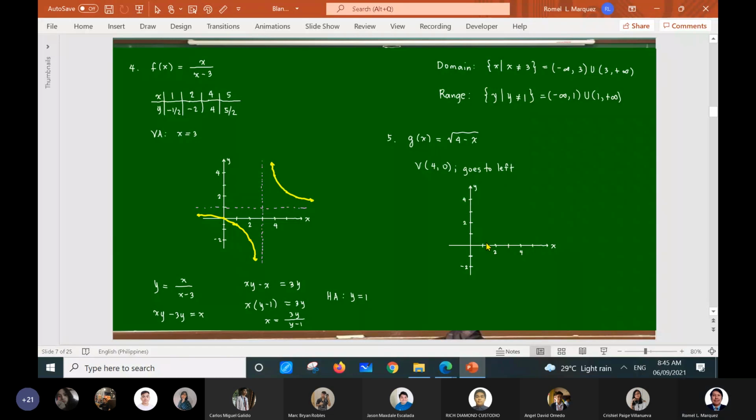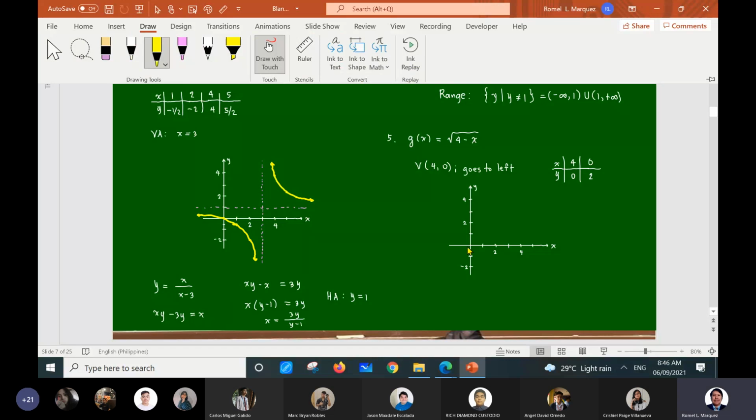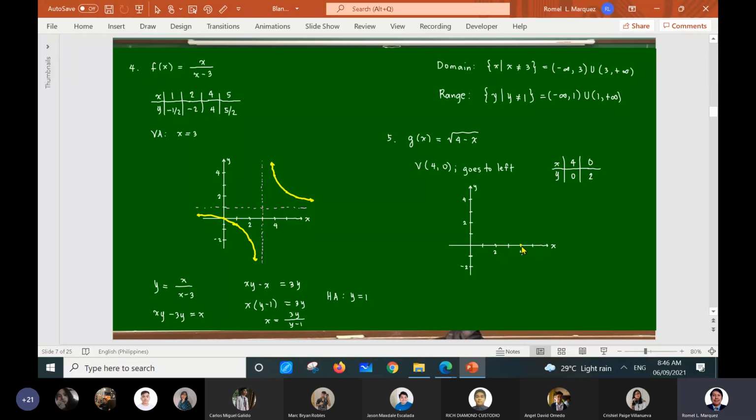Am I right? Let's prepare values of x, then solve for the corresponding values of y. So we have 4, 0 already. When x is 4, y here is 0. What else? When x is 0, what is the value of square root of 4? 2, no? So we have 4, 0, and then 0, 2.